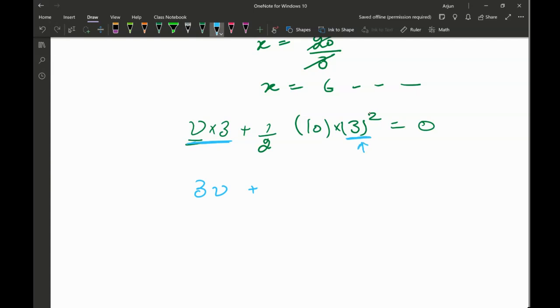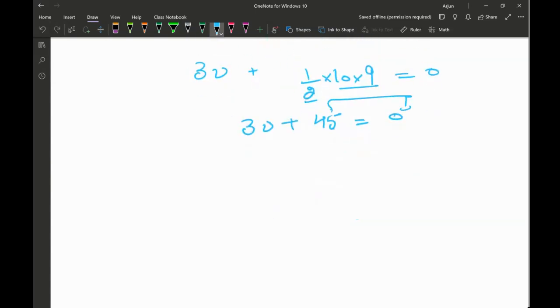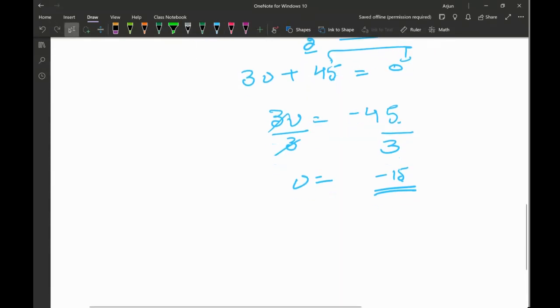First I have to solve this square. 3 square is 9, multiplied by 10, and then by half, equal to 0. 10 times 9 is 90, divided by 2 comes out to be 45. That is 3v plus 45 equal to 0. Now 45 goes on the other side, 3v equal to minus 45, and dividing both sides by 3, the v value will be negative 15. That's the value you get from this question.